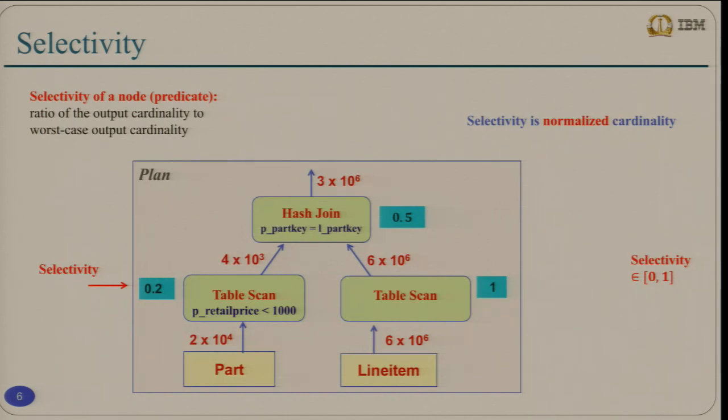You could use a nested loop or many others; there are 4 or 5 different things. That decision depends on what you assume is the selectivity of the upstream operators, which in turn implies how many tuples are going to come in, which determines what operator you are going to place. That's why selectivity is very, very important.